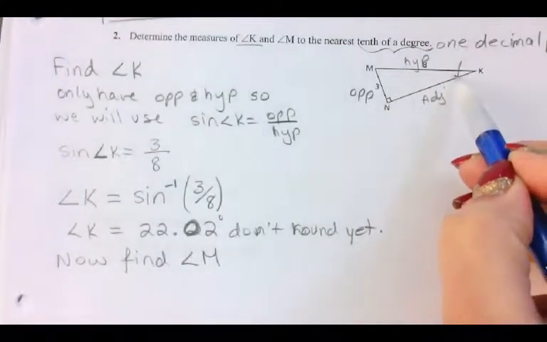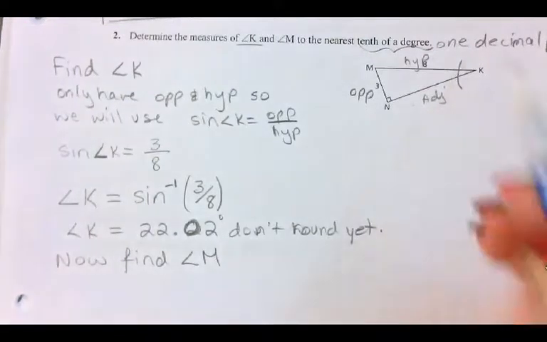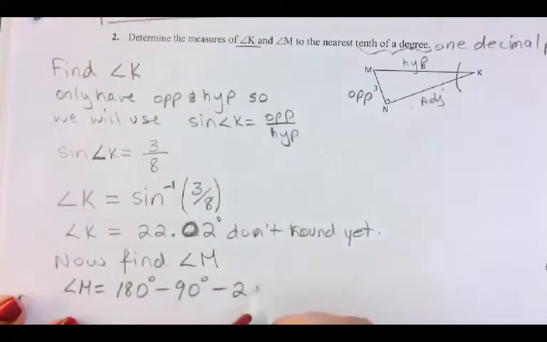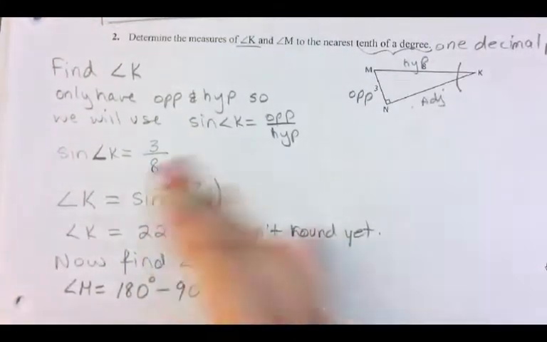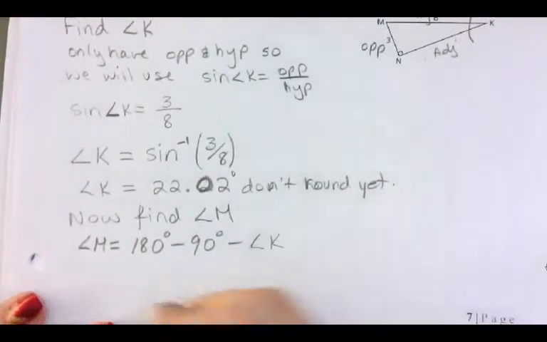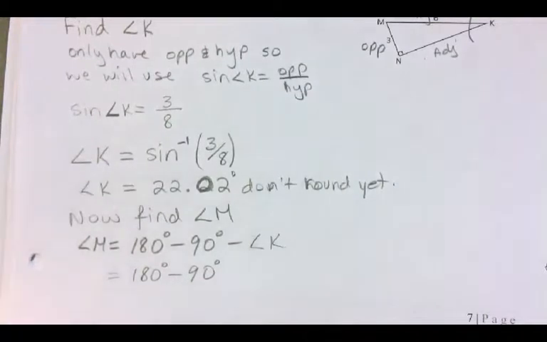So we can subtract that all from 180 degrees, minus 90 minus, you know what, I should write angle K here. So let's write angle K. That's going to be angle M. So I can just write in the numbers. And if you want to just shortcut it and say 90 minus angle K, that's fine too.